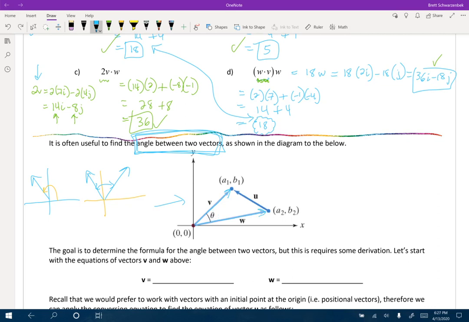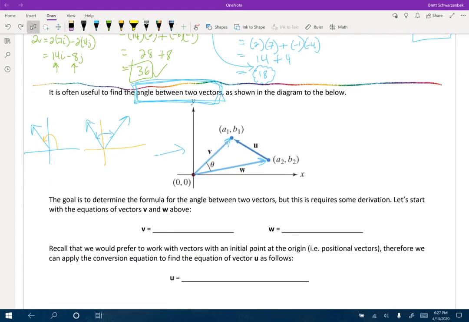So in order to find that, what I did was I set up a diagram in which I had also the vector u afterwards, in which we can sort of manipulate and derive a very important formula that we're going to need for the angle between two vectors. Now, to be clear, what we're going to be doing in the next several minutes is not something you have to reproduce on an exam. It's just a very crazy formula that we're going to go through and we're going to derive just because the derivation is actually quite useful.